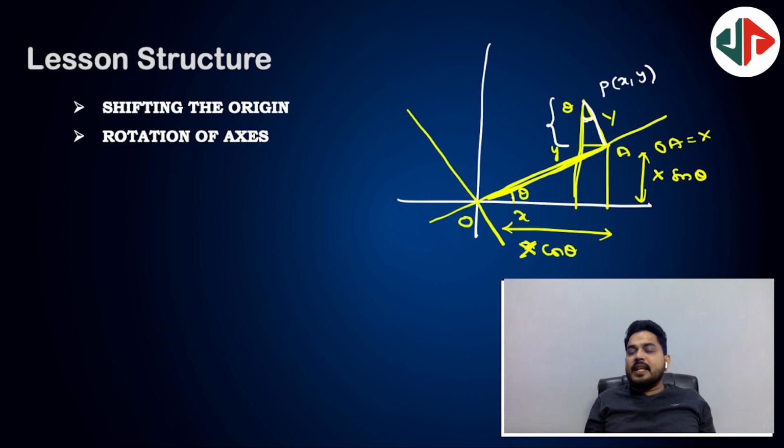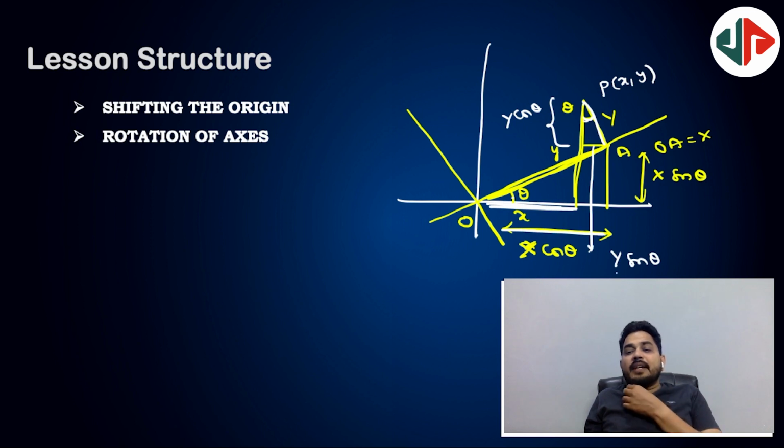So this length is going to be capital Y cos theta, and this portion is going to be capital Y sin theta. Now this portion is small x. So small x is equal to capital X cos theta minus capital Y sin theta. And this length is small y, so small y is equal to capital X sin theta plus capital Y cos theta.